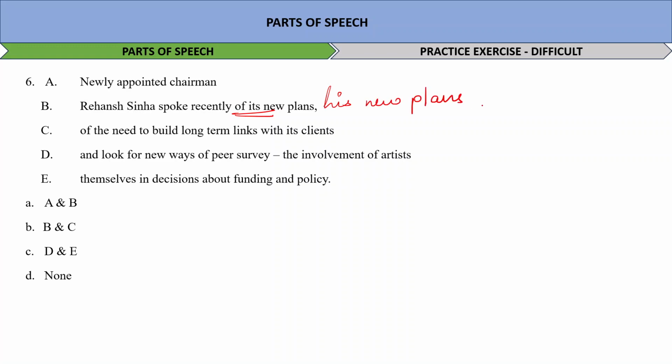His new plans of the need to build long term links with its clients. With its clients? Definitely not with its clients. So the need to build long term links with his clients again, and look for new ways of peer survey.